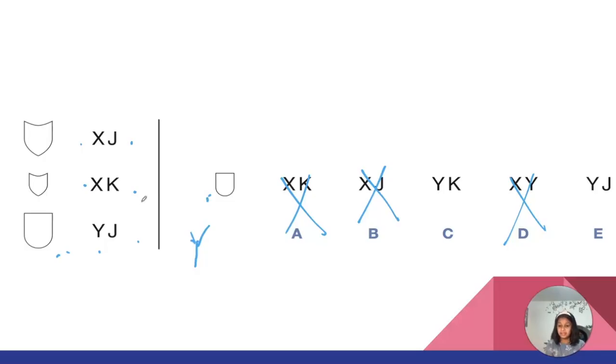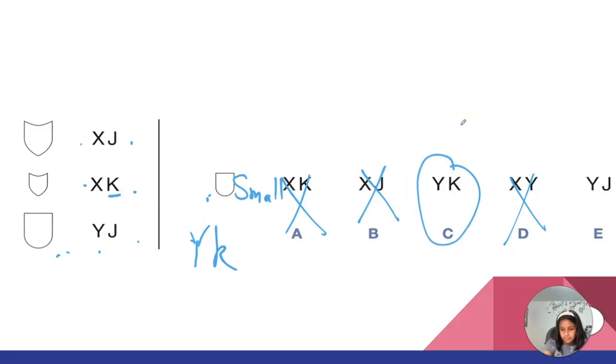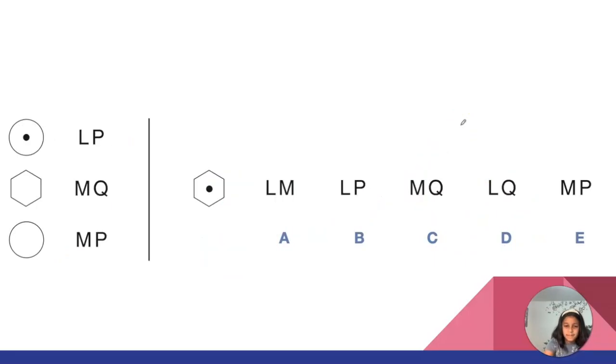Yeah, I left out size, and size was the actual reason why the first and last one were the same. So here, ours is small. So our second letter would be K, which leaves our answer to be C. Yeah, we got that again.